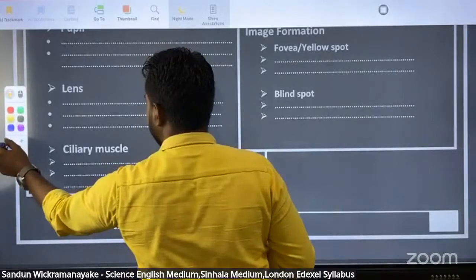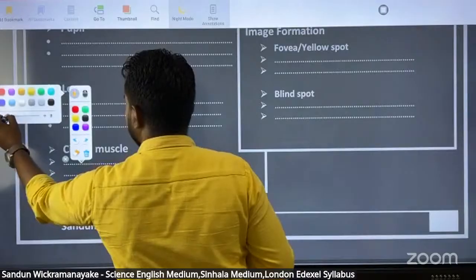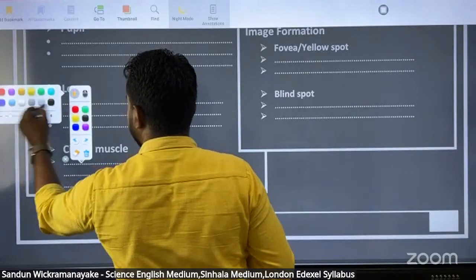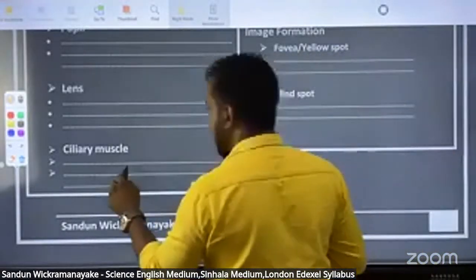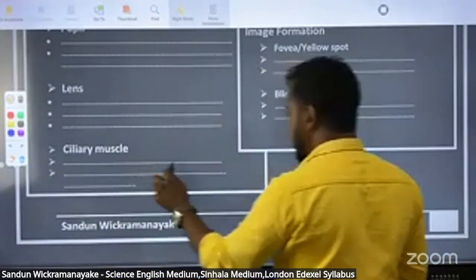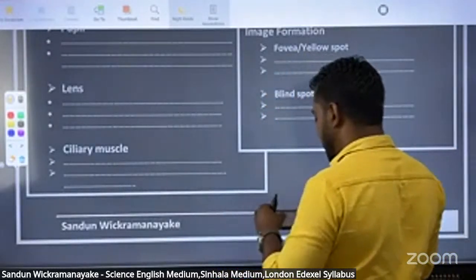It's the final part of this. It controls the focusing of the light rays. The ciliary muscles can control the lens, right? It can control the lens.